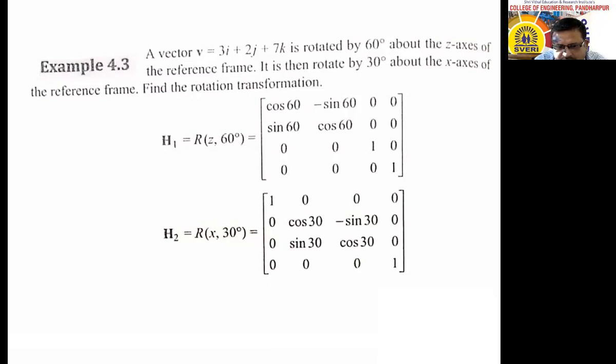H2 is equal to R of x 30 degrees, which is equal to the matrix of 1, 0, 0, 0; 0, cos 30, minus sin 30, 0; 0, sin 30, cos 30, 0; 0, 0, 0, 1.